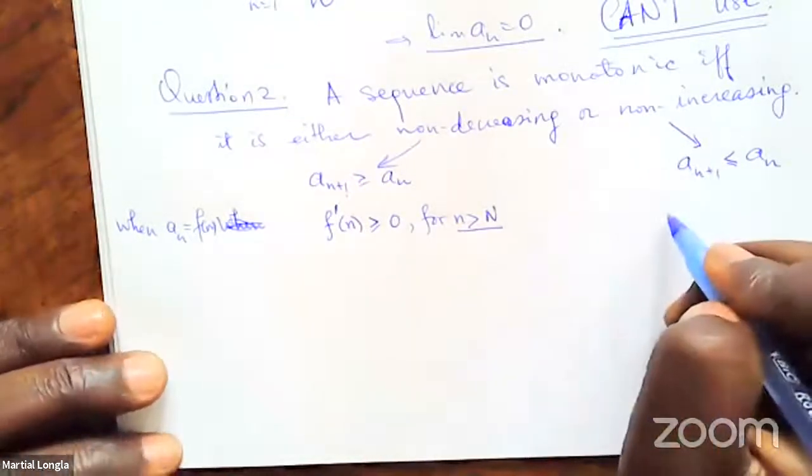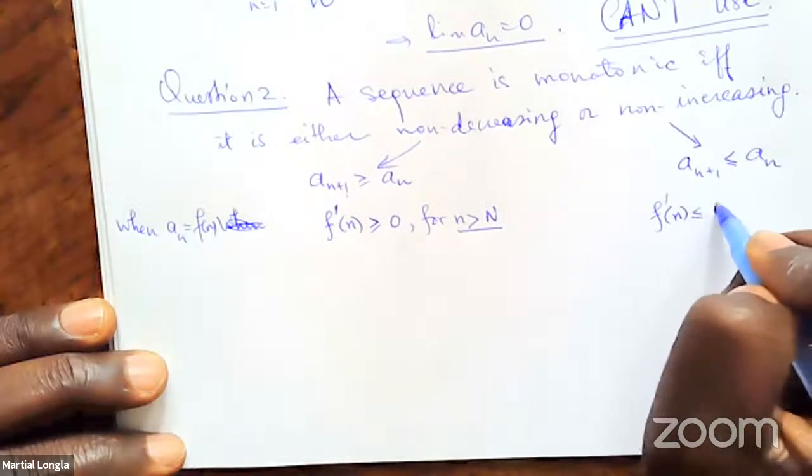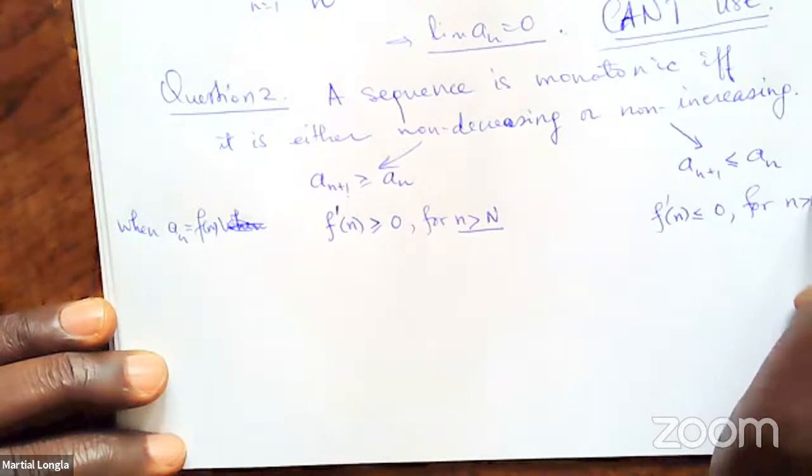And here that would mean f prime of n less than or equal to 0 for n larger than a given threshold.